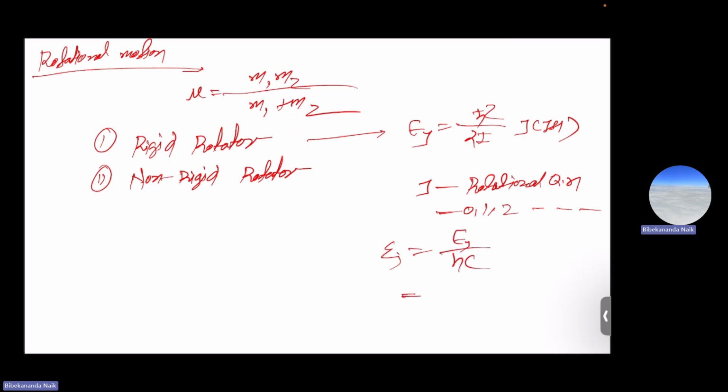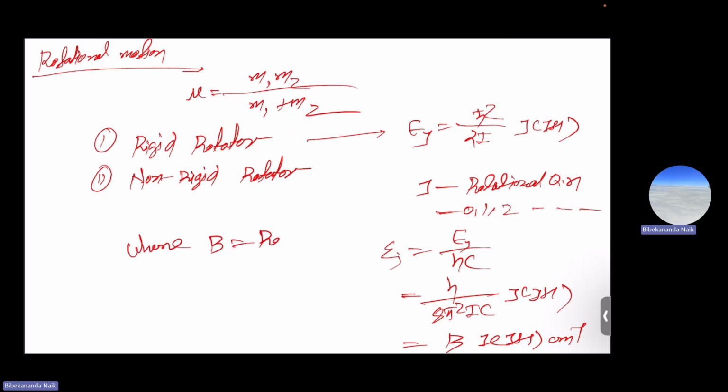In that case, it will be h by 8 pi square Ic into J into J plus 1, or you can write it as B J into J plus 1 in centimeter inverse, where B is called the rotational constant, h divided by 8 pi square Ic, where I is the moment of inertia, written as mu r square.